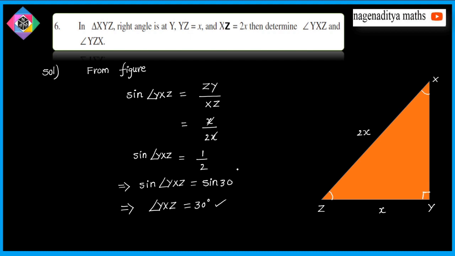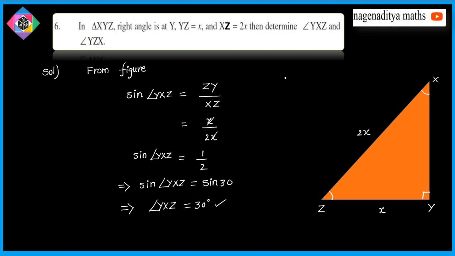Second, what we have to find is angle YZX. So we have to find this angle. Here X is the adjacent side and 2X is the hypotenuse, so the relation is cos theta.